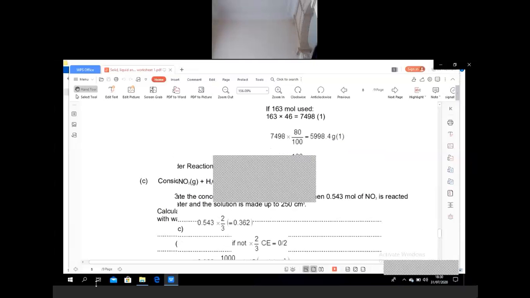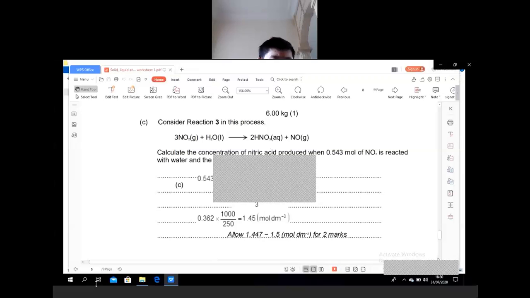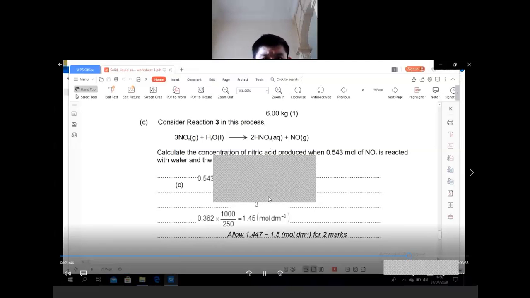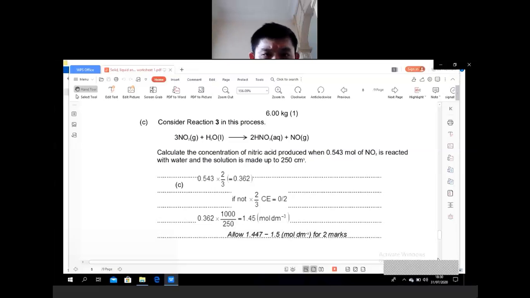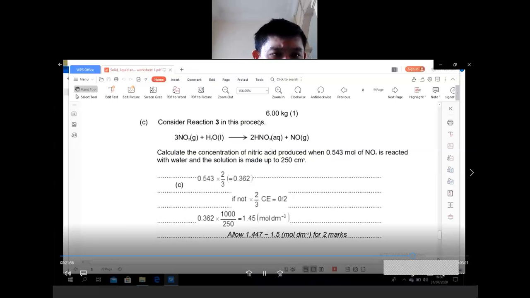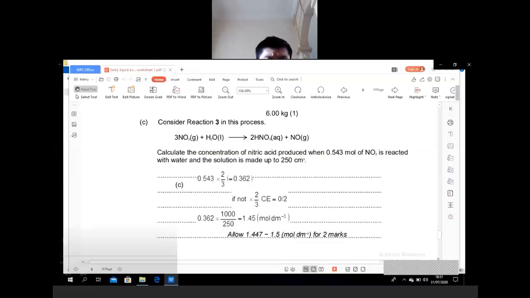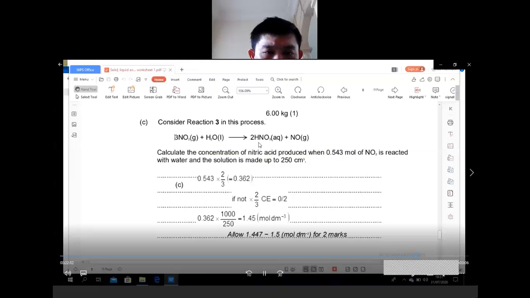Okay, and then C. Consider reaction 3 in this process. Nitrogen dioxide reacts with water to form nitric acid plus nitrogen monoxide. Calculate the concentration of nitric acid produced when 0.543 mole of nitrogen dioxide is reacted with water and the solution is made up to 250 centimeter cube. We know that the moles of nitrogen dioxide is 0.543, and the mole ratio of nitrogen dioxide to nitric acid is 3 to 2.